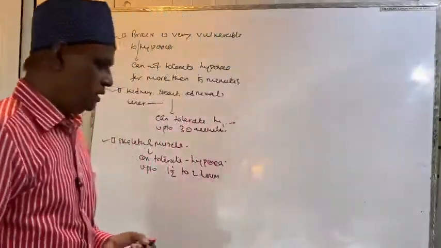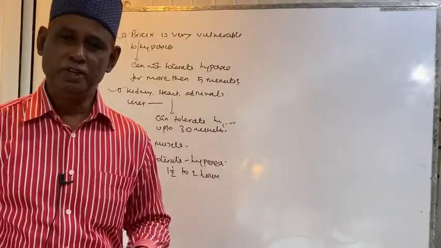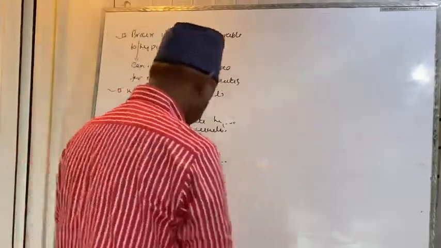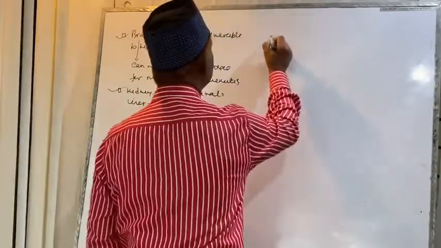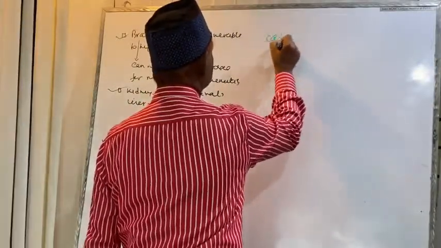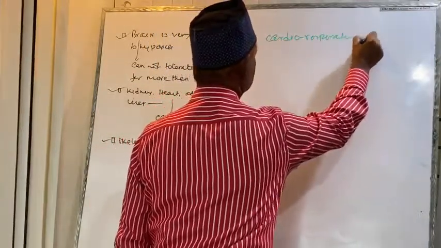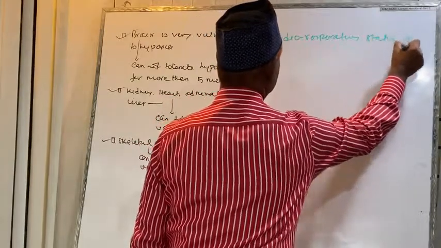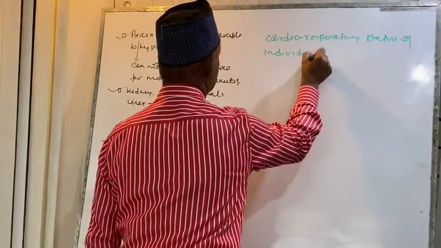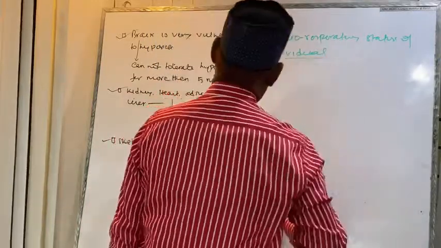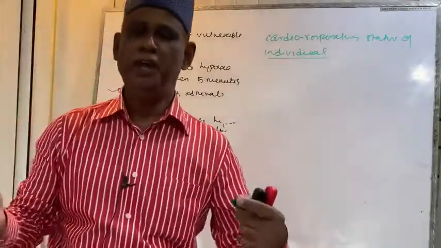Skeletal muscle. Dear audience, our skeletal muscle can tolerate hypoxia or ischemia for up to 1.5 hours to 2 hours.